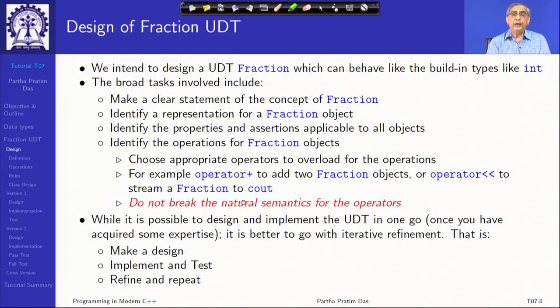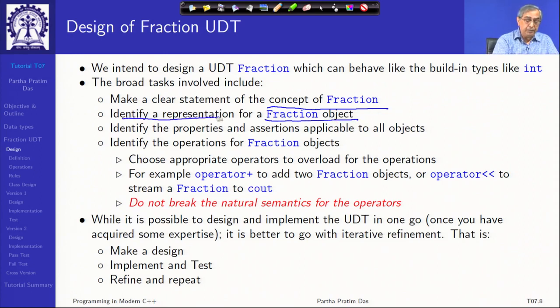So, what are the issues involved in this design? To design a UDT fraction which will behave like an int, the broad tasks, first task would involve that we need to have a clear idea about the concept of fraction. What we mean by fraction? We must be clear about that. We must identify a proper representation of a fraction object in the system, in the memory, right.